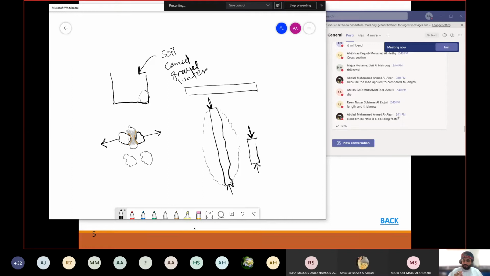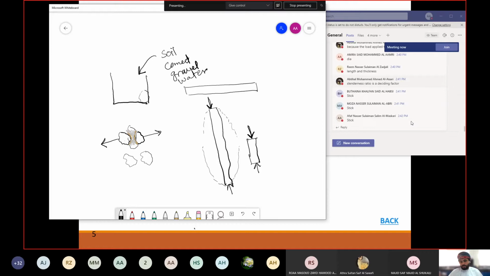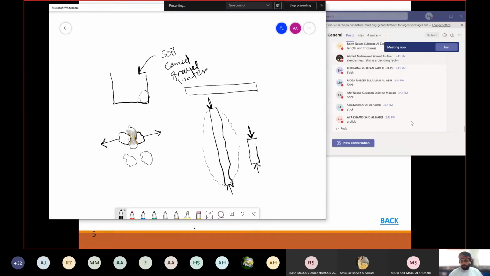A stick or the square wood? You will see that the stick is going to buckle while the other one is not. So the reason is not only the height, although the height is similar. It is also about the cross section. So we are talking about two things: the height and the cross section.